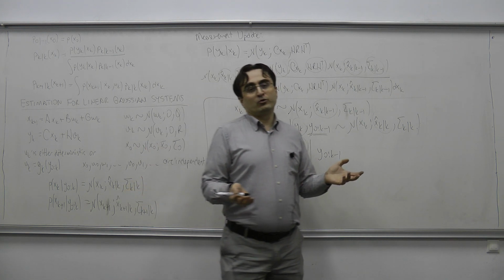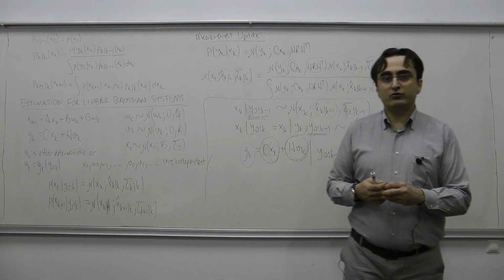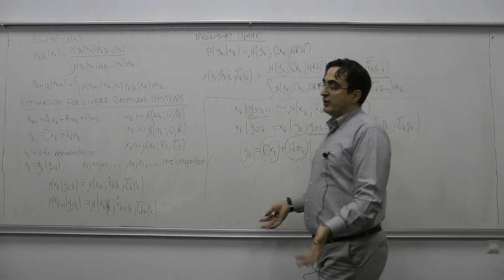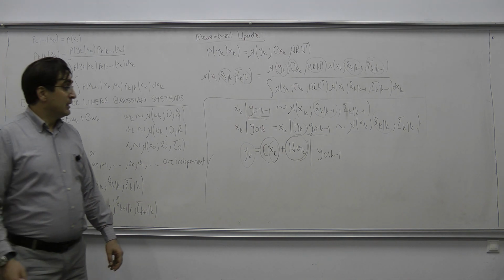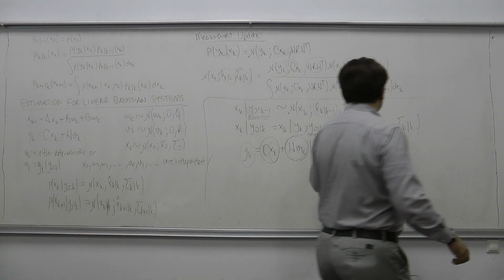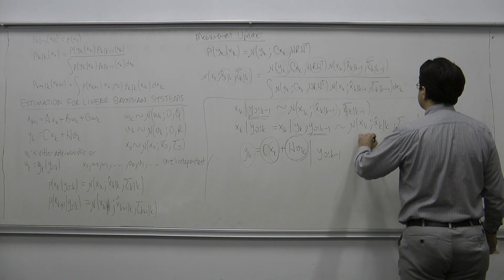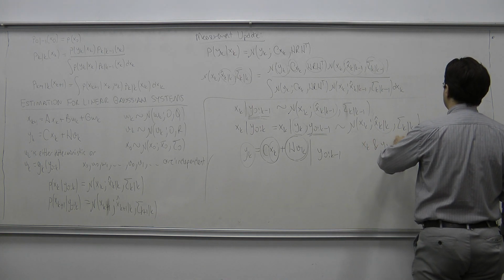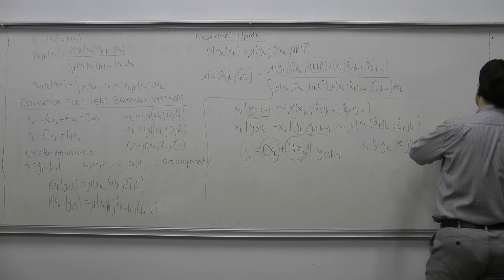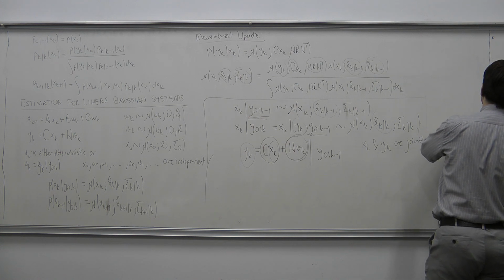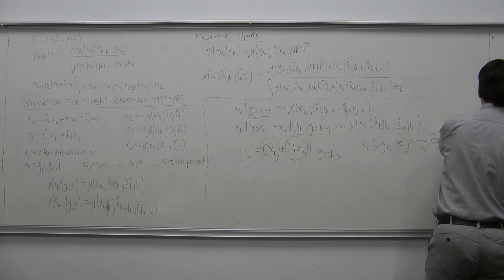All joint distributions are also Gaussian distributions, and all joint posterior distributions are Gaussian distributions. But here, for this specific case, we have xk and yk jointly Gaussian given y0:k-1.